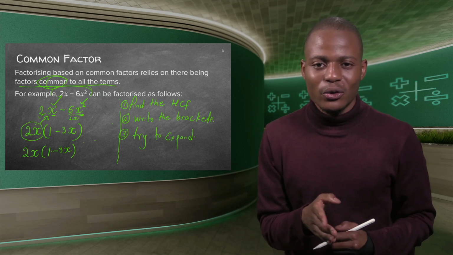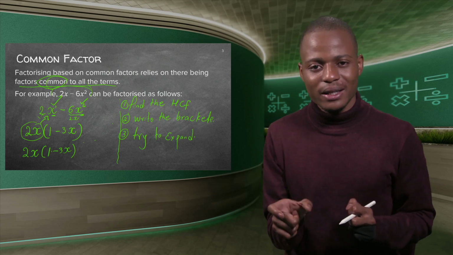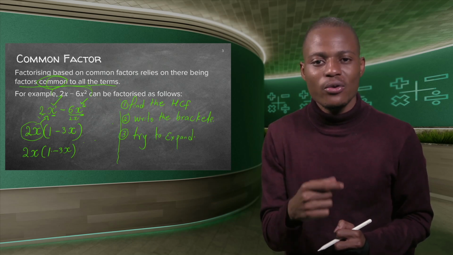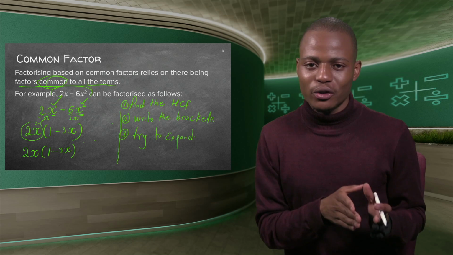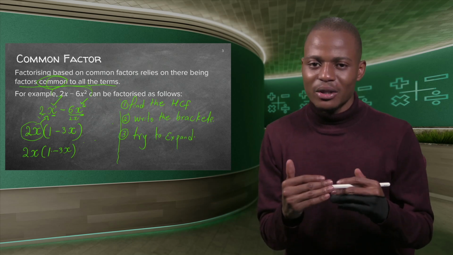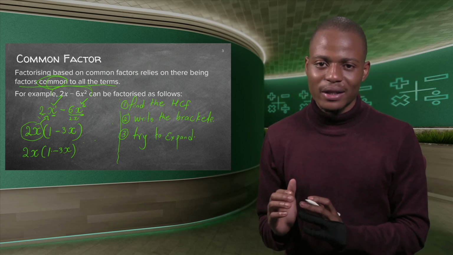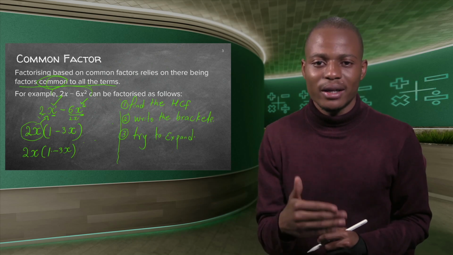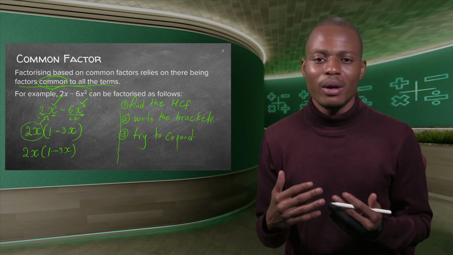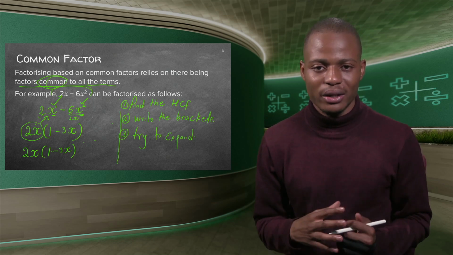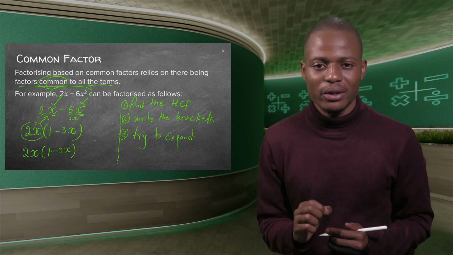Do you get it? Once you manage to expand it back to where you started, then your factorization is correct. Please note, the question says factorize, it didn't say expand. It's something you just write on the side to check if you have the correct answer, okay? So let's be more practical and give you questions that you may get on any exam or test using the common factor method.